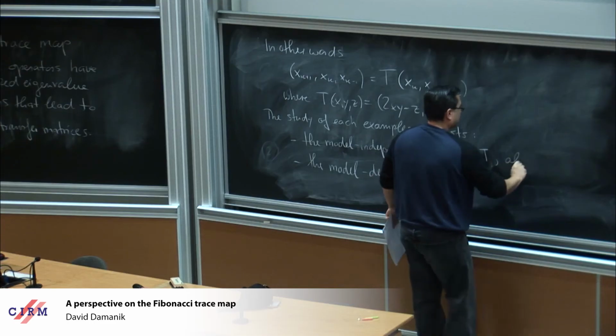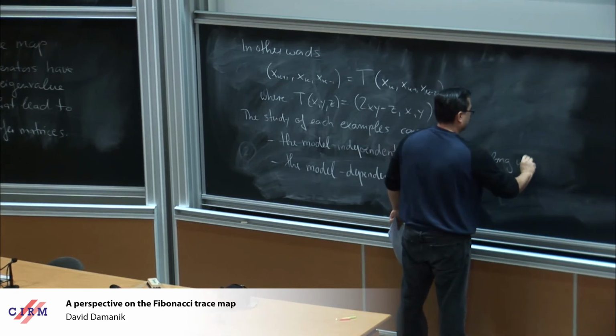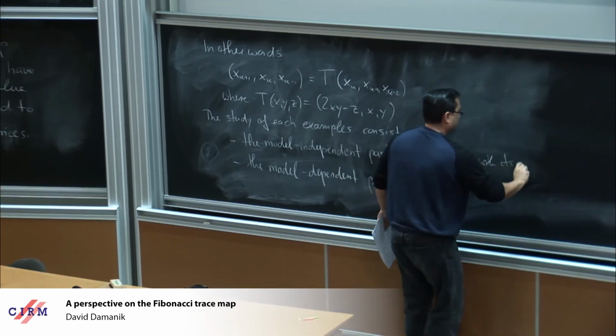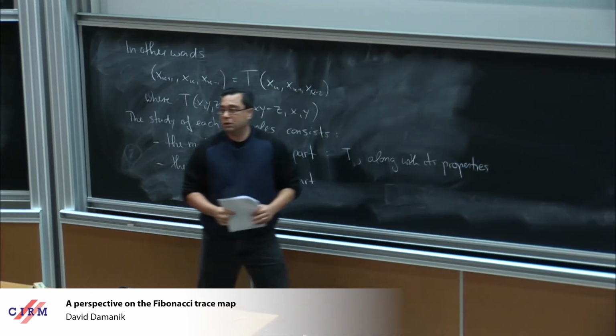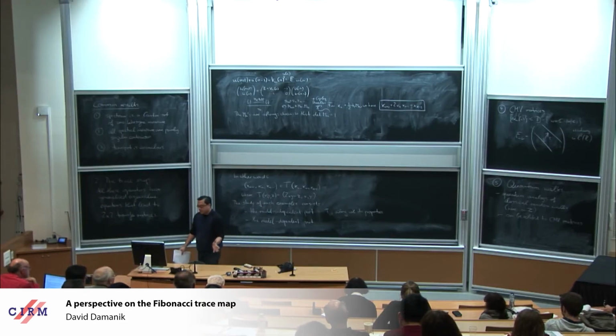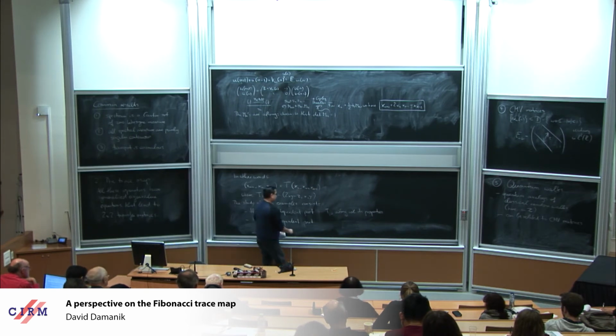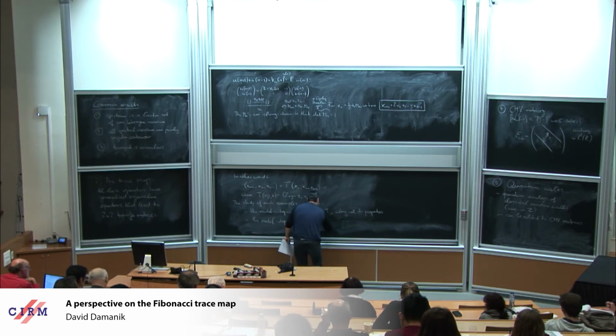So T is the same map for all the examples, along with its properties that I will talk about. But why are some examples more difficult than others? It's not only making the determinant 1 or making 4x4 matrices, 2x2 matrices. The really important distinction between them is the curve of initial conditions.